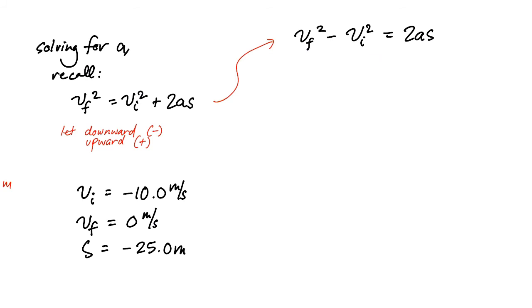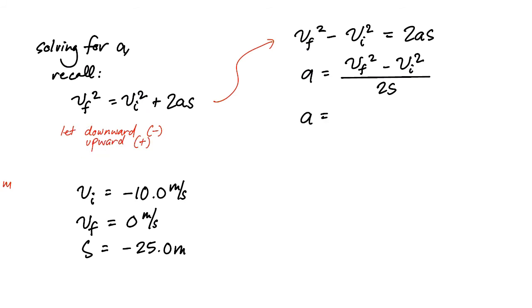So we are left on one side with the acceleration, which is equal to Vf squared minus Vi squared divided by 2s. So now what's left is to substitute yung ating values using yung pinili natin na sign convention. Downward is negative, upward is positive.